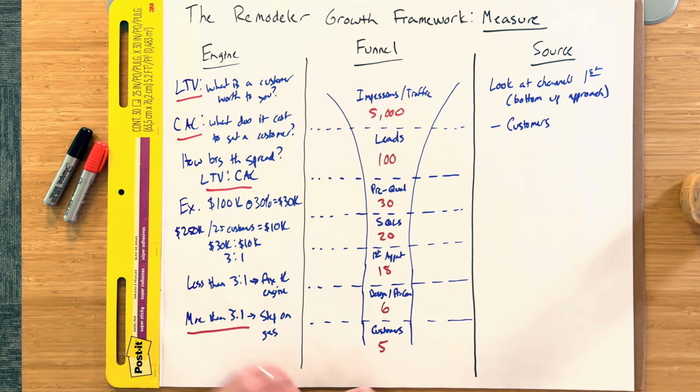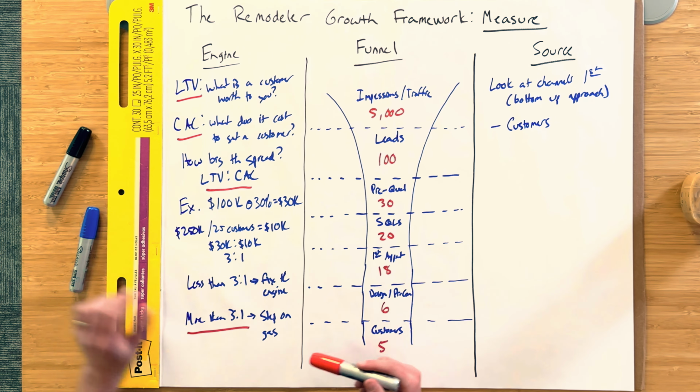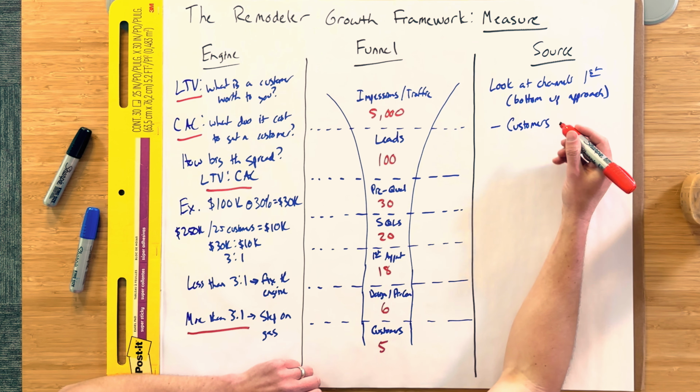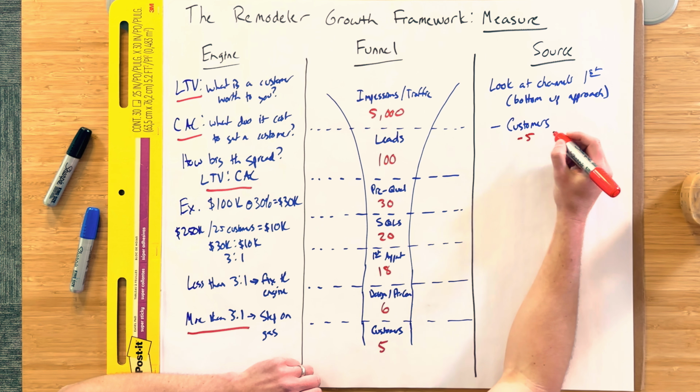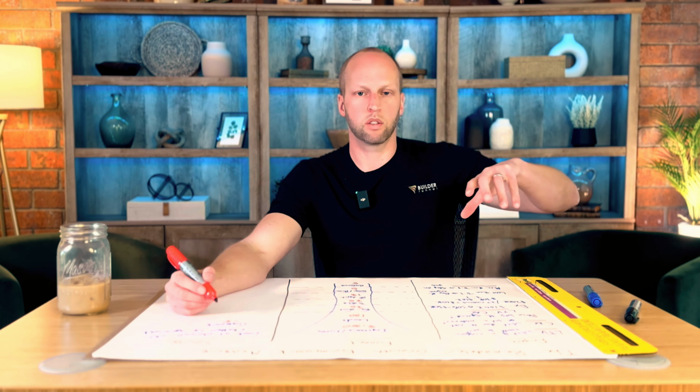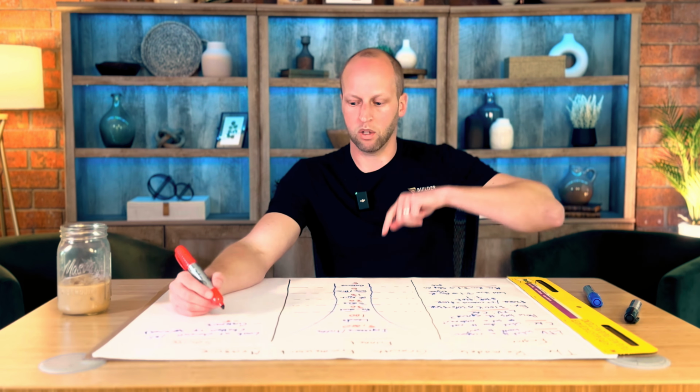And so you're going to have to look at the channels, which again, if you go back to attract, we talk all about the different channels. But if I have 5 customers, I'm going to look at those customers. I'm going to go into my marketing software, my CRM, and I'm going to look at those 5.